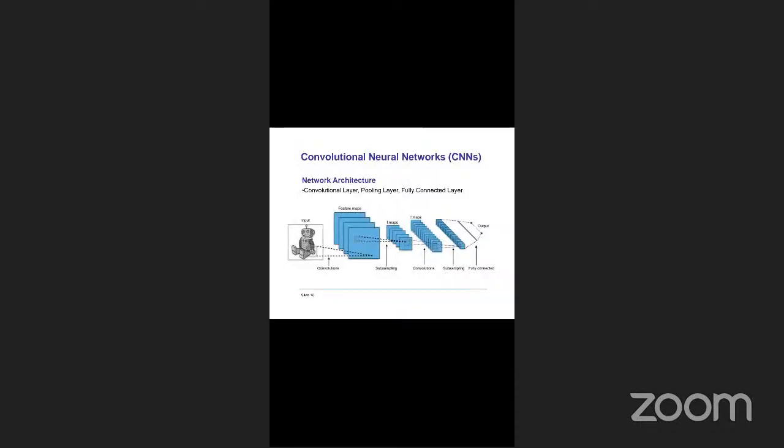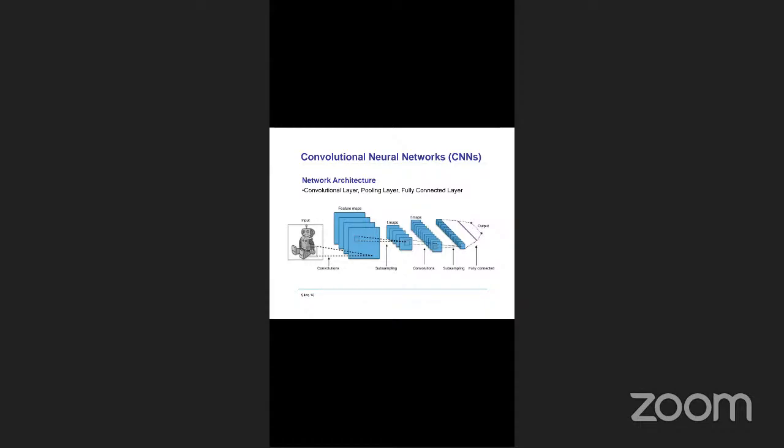So in the convolutional neural network, you can see here the input. The input will be an image. It will be made up of 3 images. It can be any dimension, n by m. It will go through convolution and we develop feature maps.